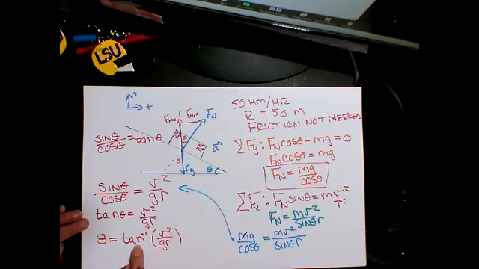Arctan times tan makes the trig function go away and leaves me just with this. Doing it to both sides of the equation is totally legit. And that means that taking the arctan of this gives me my final answer. So now I can put numbers in there. What do I have? I have kilometers per hour.